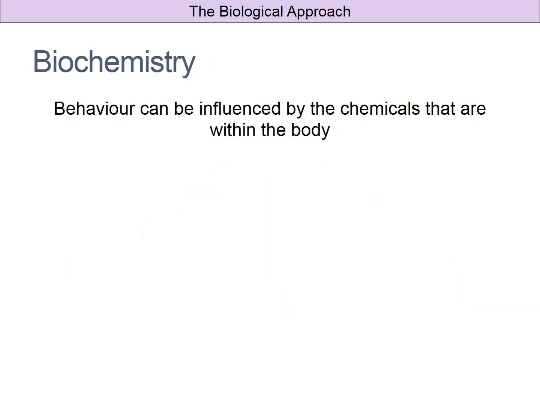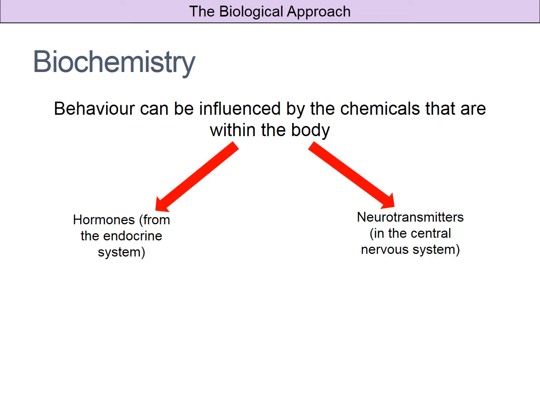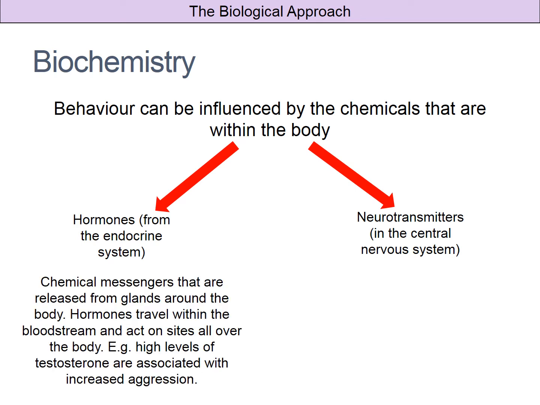So biochemistry first then. Biochemistry is split into two different sections. There's hormones and there's neurotransmitters. Now, hormones are produced from glands, and you have glands all around your body. They are largely controlled by the master gland, which is the pituitary gland at the base of the brain.